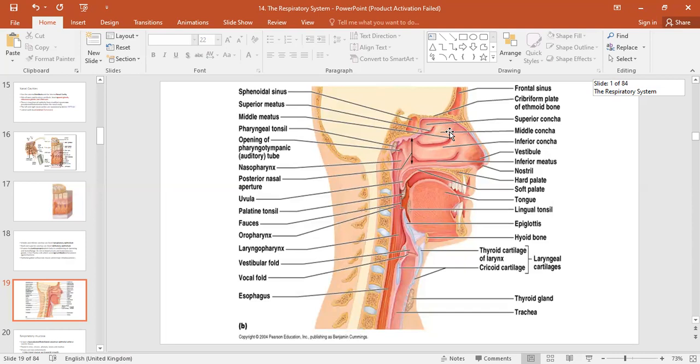As air is circulating here in the nasal cavity, tiny droplets of water diffuse from the capillaries to mix with the air, so that as air is being channeled through the pharynx into the larynx, this air is not dry. It has to be humidified and therefore prevents irritation to the pharynx and the larynx and all the structures down there.